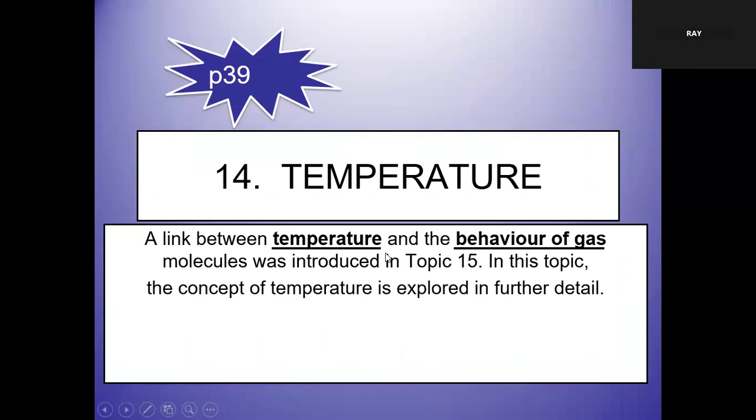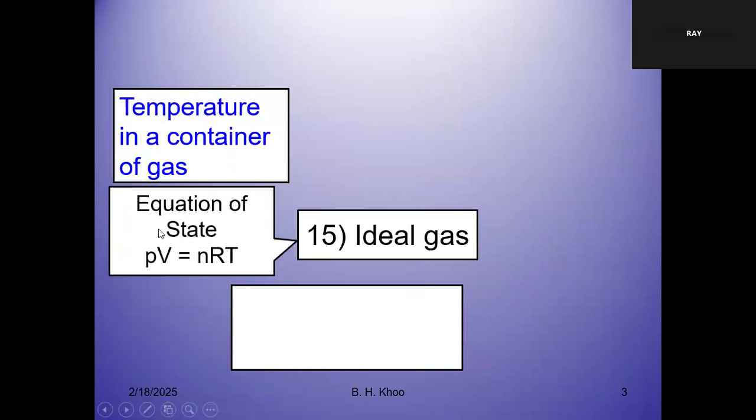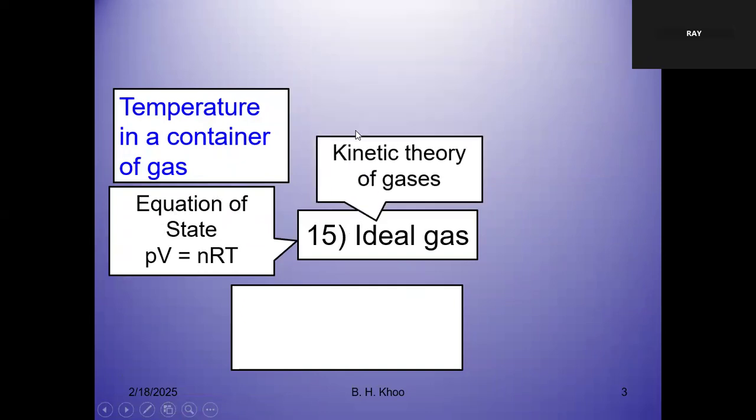A link between temperature and behavior of gas molecules was introduced in topic 15. In this topic, the concept of temperature is explored in further detail. Temperature in a container. Under ideal gas, we will study the equation of state as a formula.